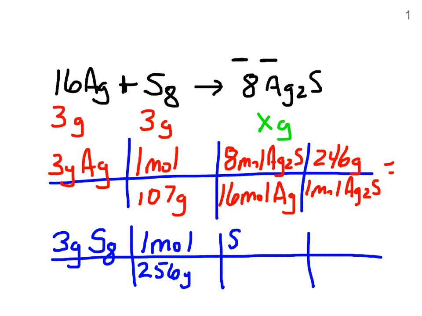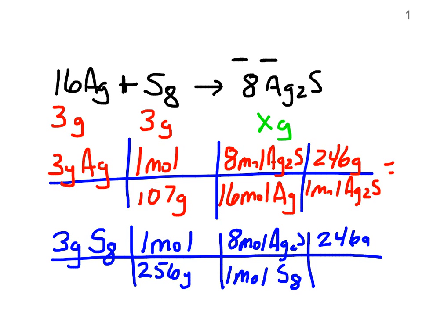I'm going to get 8 moles of Ag2S for every 1 mole of sulfur. Again, Ag2S weighs 246 grams for every 1 mole of Ag2S.